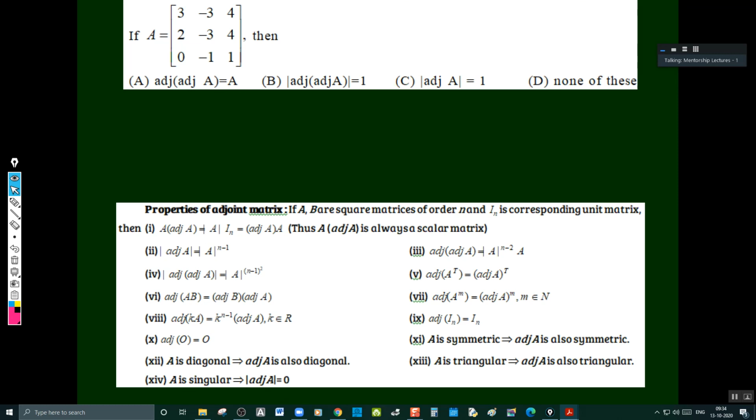Det of adjoint of adjoint A is equal to det A power n minus 2 into A. And this is det of adjoint A, det A power n minus 1 whole square. Do you know this or not? Yes, sir. If you know that, that's okay. Otherwise, take a screenshot of it.